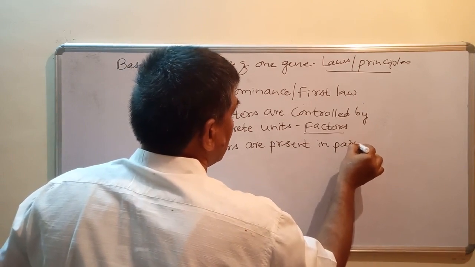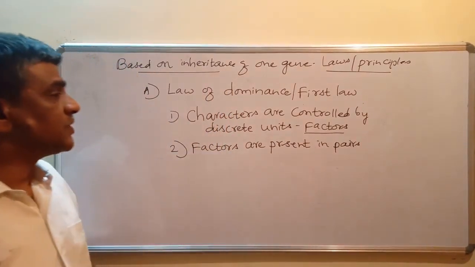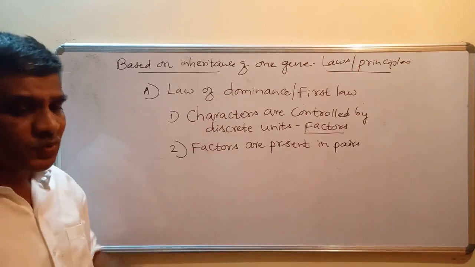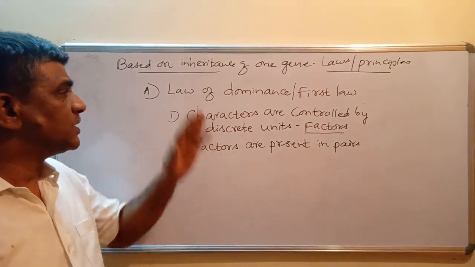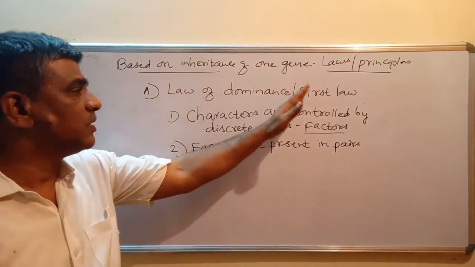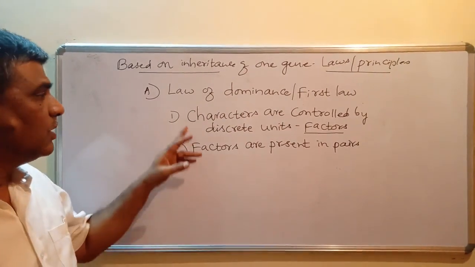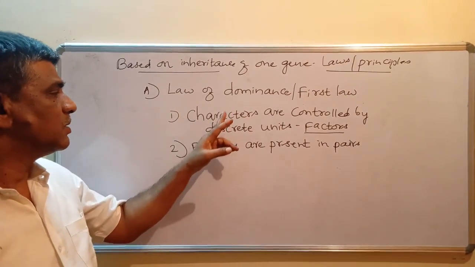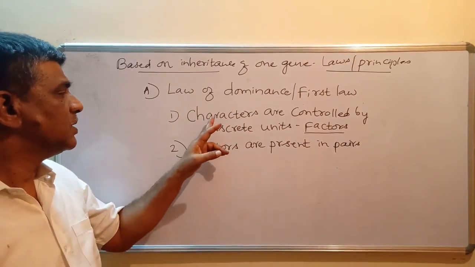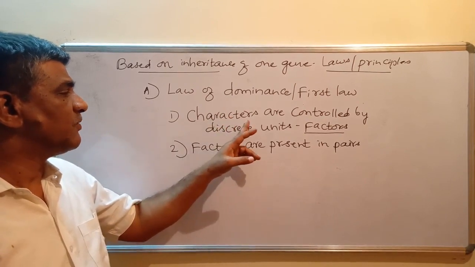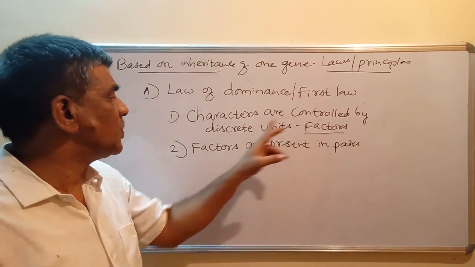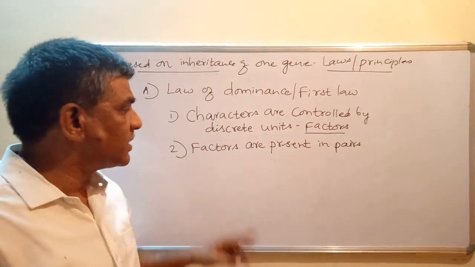So Mendel, after conducting inheritance of one gene, proposed two laws. One is the law of dominance, Mendel's first law. The characters of all organisms are controlled by discrete units called factors.